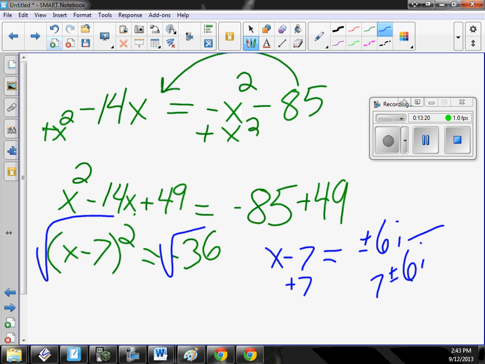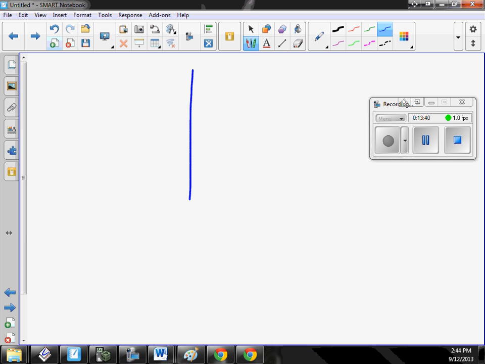Which means what? Yes, you always put real numbers and then imaginary numbers. What do we know about this graph? It has imaginary roots, which means the graph is going to miss the x-axis.